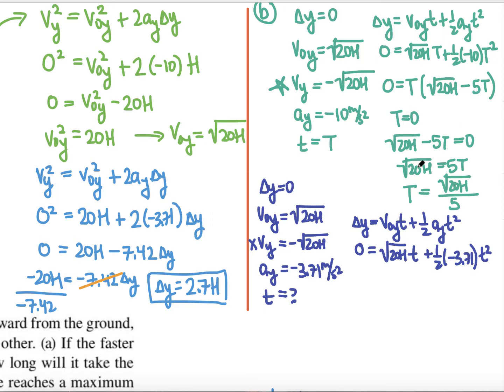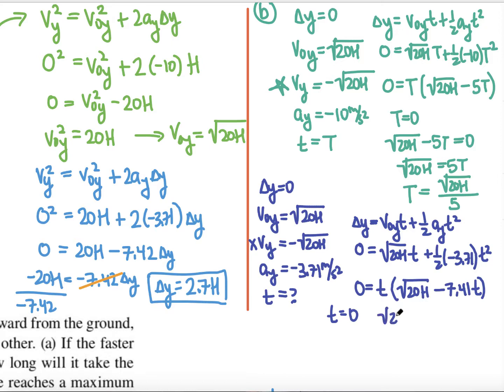And so I'm going to do the same thing I just did, where I'm going to factor out little t from both terms, and I'm going to simplify this right here. So I have square root of 20 times h minus 7.41 times little t. So again, I get two values for t. T equals 0 is not helpful to us.